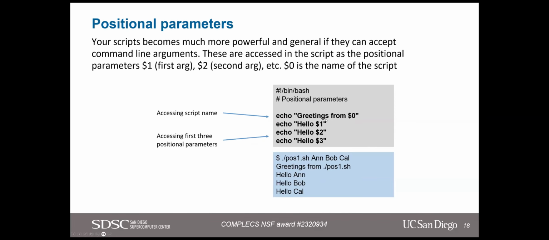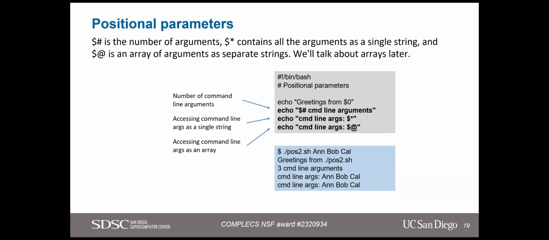So the way we did it using 1, 2, 3, we can hard code it, but we can make it more flexible. The positional parameters give us some other special characters that allow us to interpret some stuff and make it more versatile. So the special ones: there's the $#, which is going to return the number of arguments that were submitted.